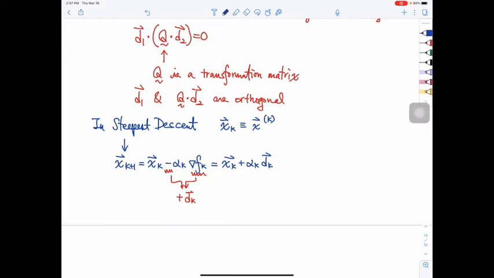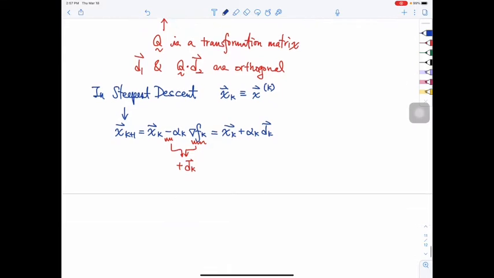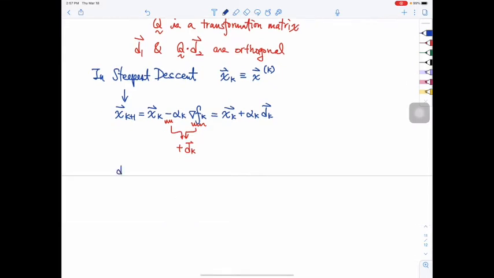So we can now try to plug in some numbers. Let's take a look. x1 equals x0 plus alpha 0 d0. Okay, and let's advance k by 1 and plug in again. You can see x2 will equal x1 plus alpha 1 d1, right?